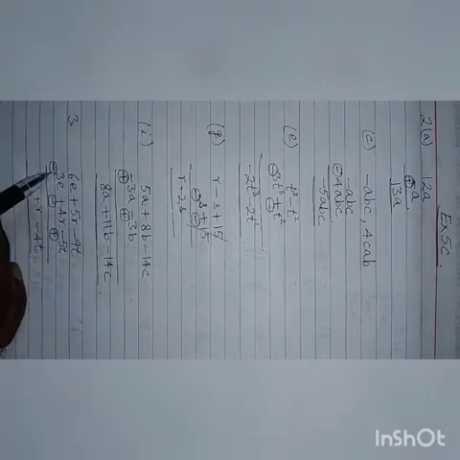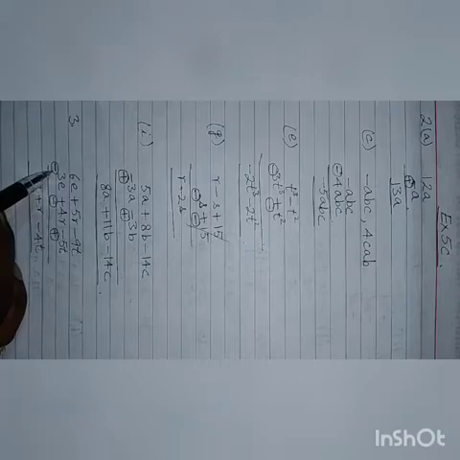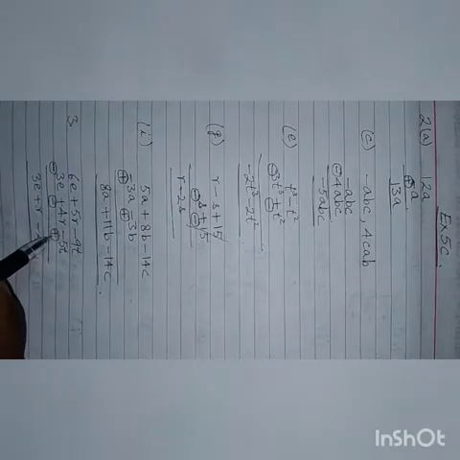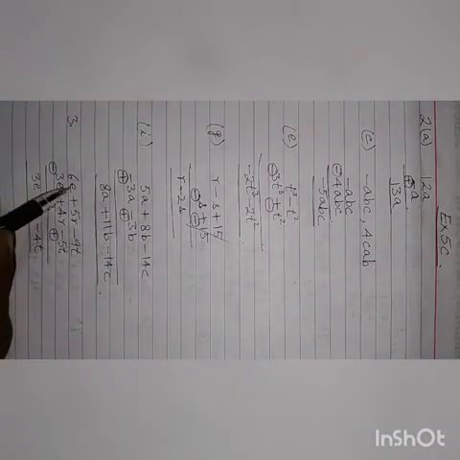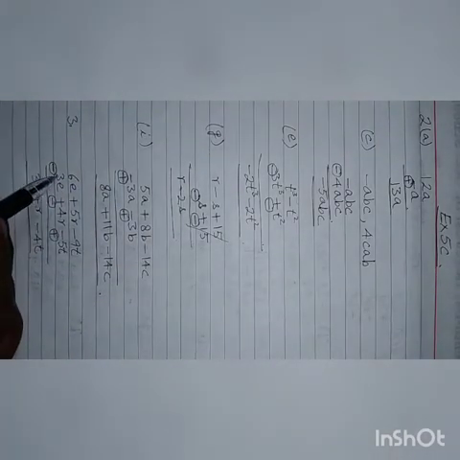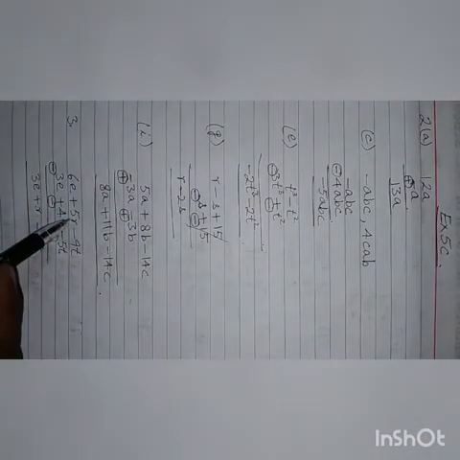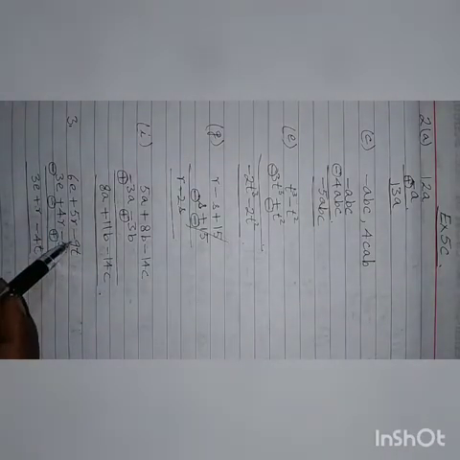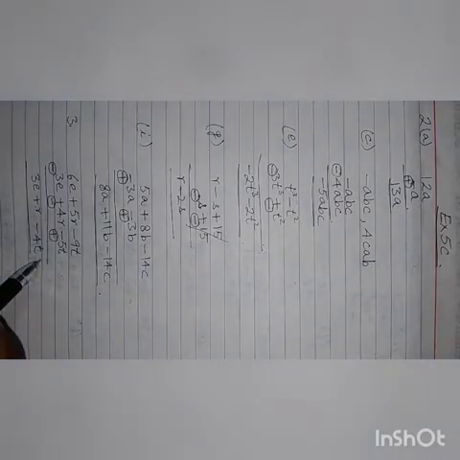So positive changes to negative, and negative becomes positive. Now add them. 6 minus 3 is 3, 5 minus 4r is r, and minus 9t plus 5t is minus 4t. So this is your answer.